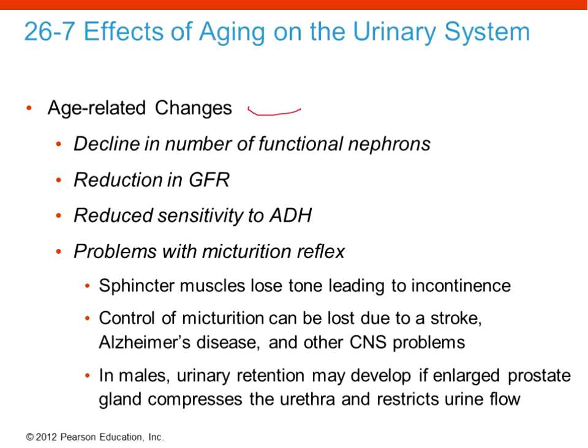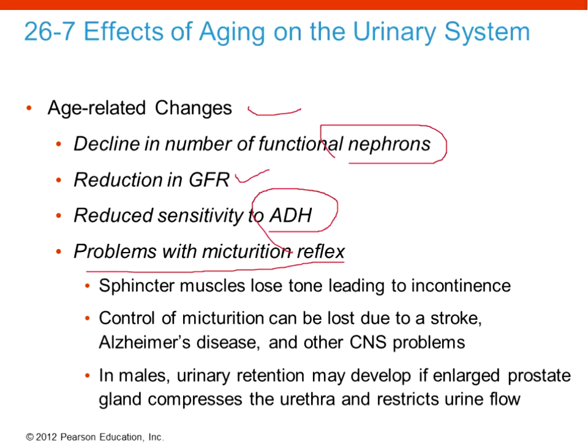And so what are some of the things we see related to changes with age as part of the urinary system? A lot of things happen, pretty typical of what you might expect. Fewer nephrons, which is going to result in smaller GFR. The body's not as sensitive to ADH, which is antidiuretic hormone, or maybe it's not being released as much.